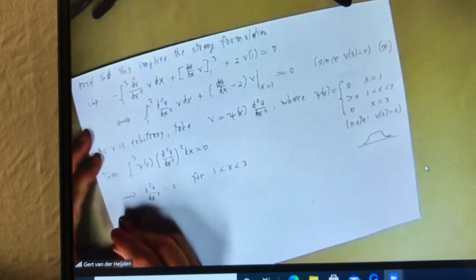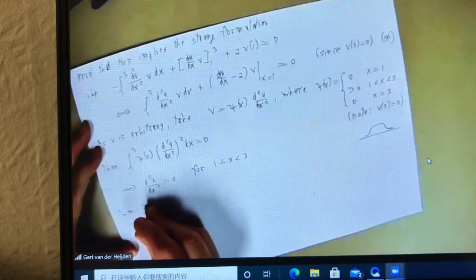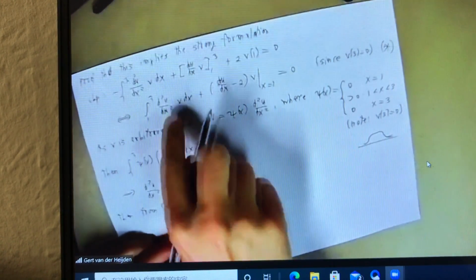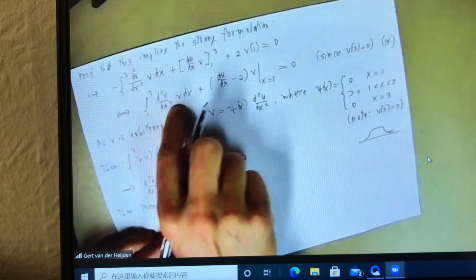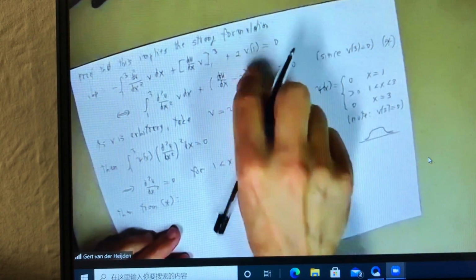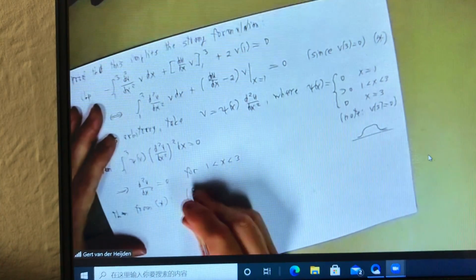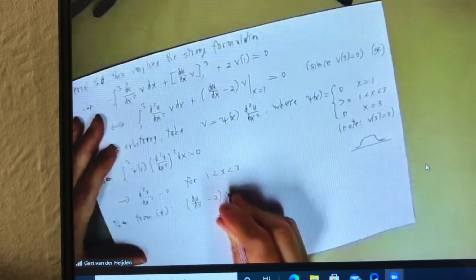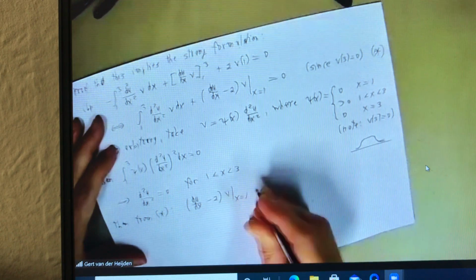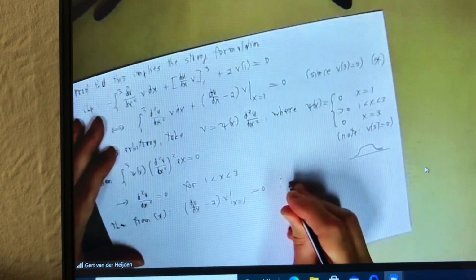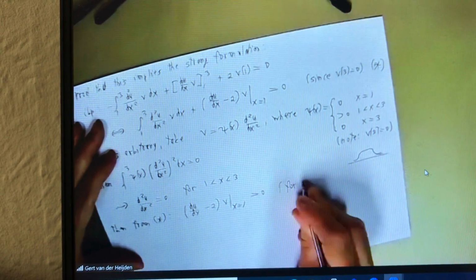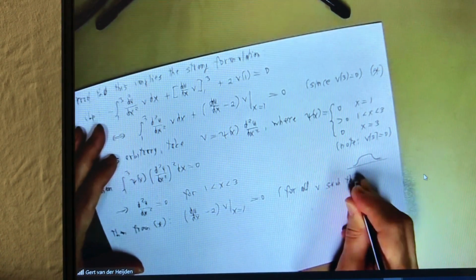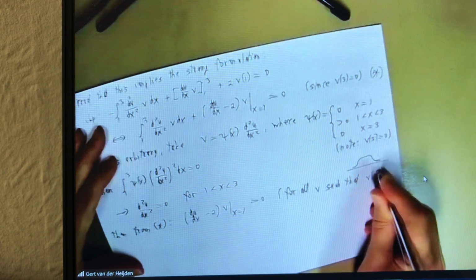and we can say that then from star, that means that this integrand is 0, this integral is 0 here, and so it means that this must be 0. So then we have that du dx minus 2, times v, all of that evaluated at x equals 1 must be 0, for all v such that v(3) equals 0.